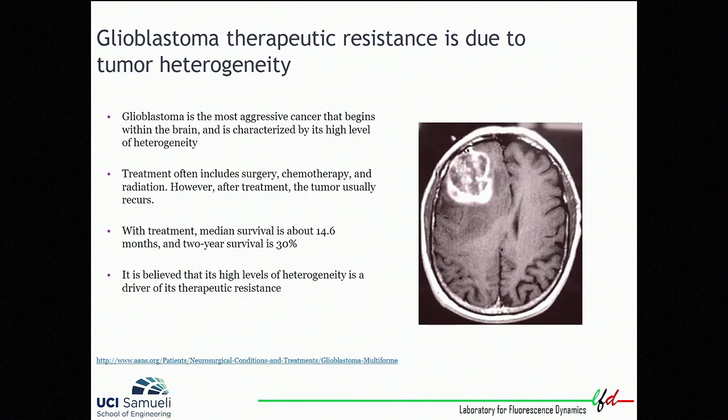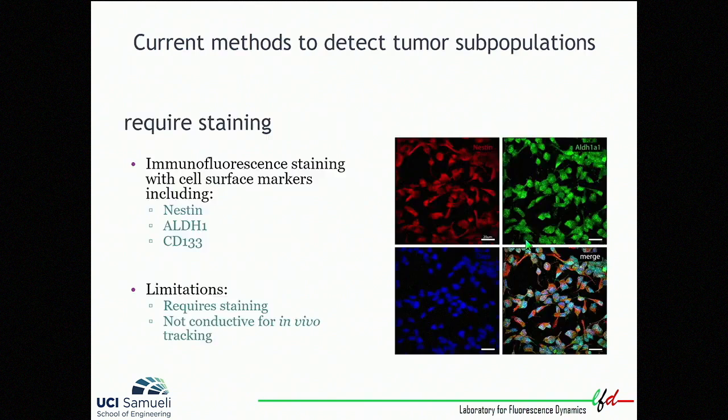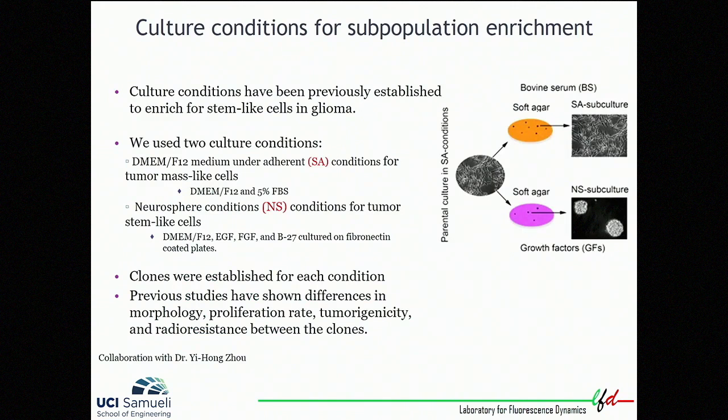Glioblastoma in particular has therapeutic resistance due to tumor heterogeneity, and these cells are very difficult to target. They require surface marker staining, and this is a limitation because the subpopulations of these glioblastoma cells are not easily detected unless you do staining or you break them up.